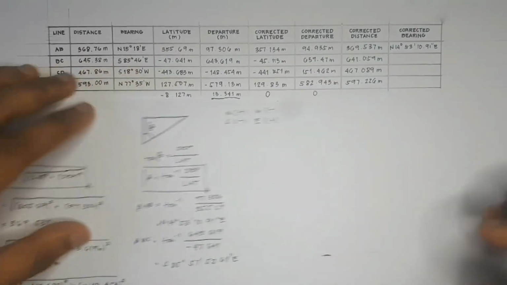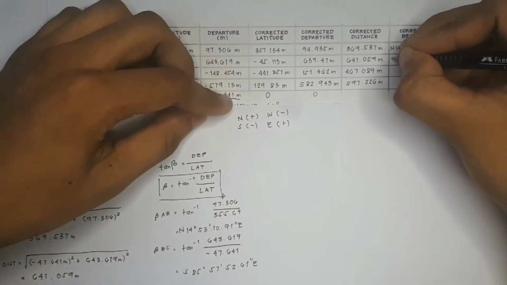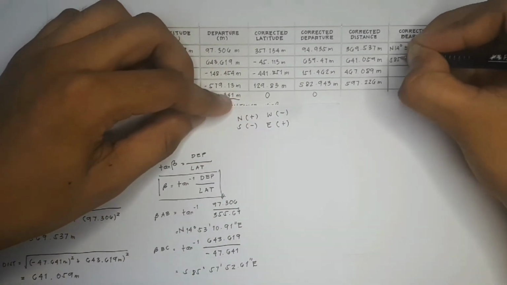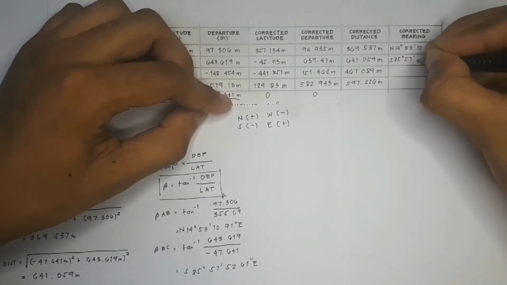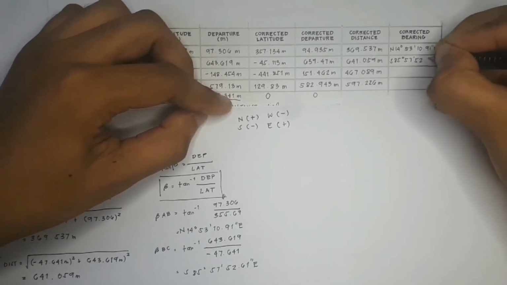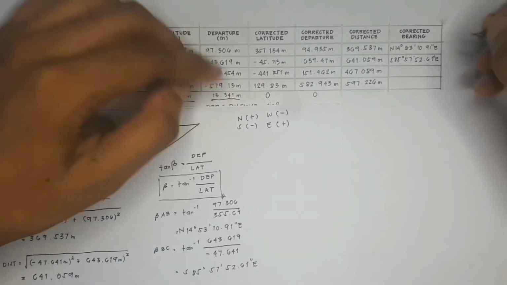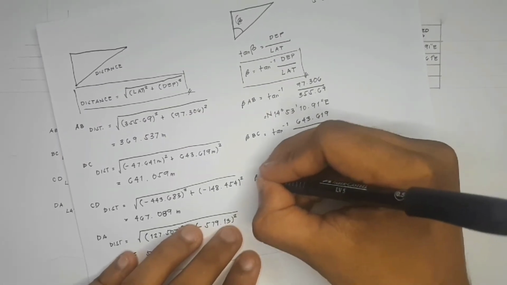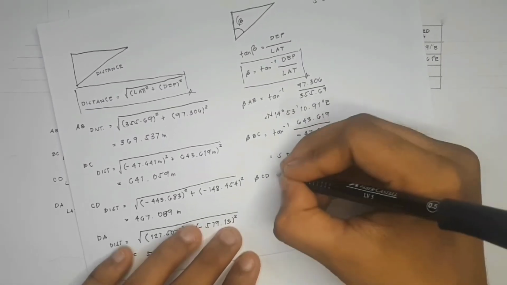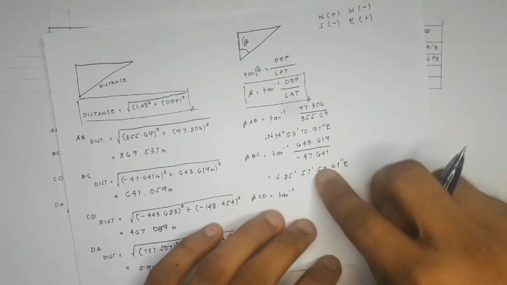So for our corrected bearing for line BC, we have south 85 degrees 57 minutes 52.61 seconds east.